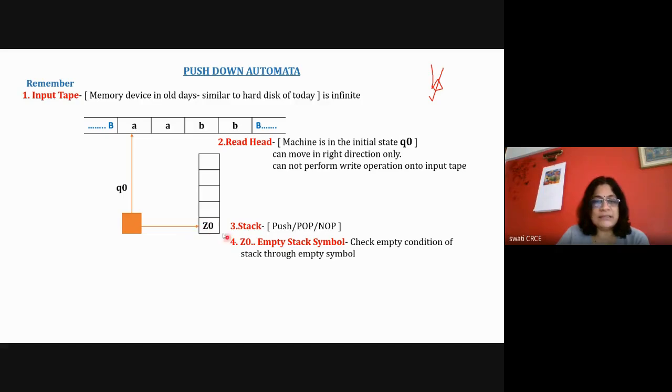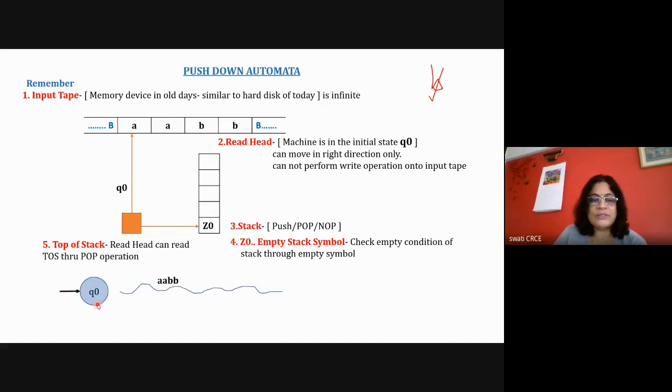When it is reading Z0, by default it reads the top of the stack, and Z0 indicates that there is nothing in the stack, the stack is empty right now. The read head can read the top of the stack through the pop operation, and the machine is in the state Q0. After processing double a, double b, it will reach the final state. This is the way it is going to work.